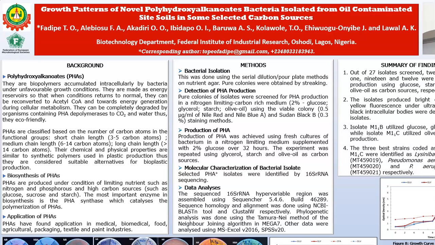These isolates were used for PHA production. Actually, 4 out of the isolates were selected, and their growth patterns were observed during PHA production. 3 of the isolates were selected for further work and were characterized by 16S rRNA sequencing.